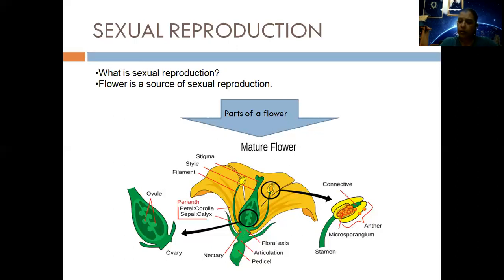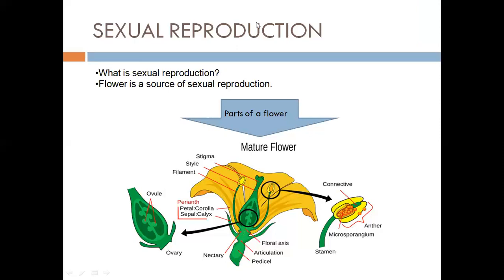Now you will see here in question number 5, fill in the blanks. The structure of a flower has been put up. So what you're going to do is you are going to label the parts of this particular flower. Then you would solve the questions of the topics whatever has been taught today.